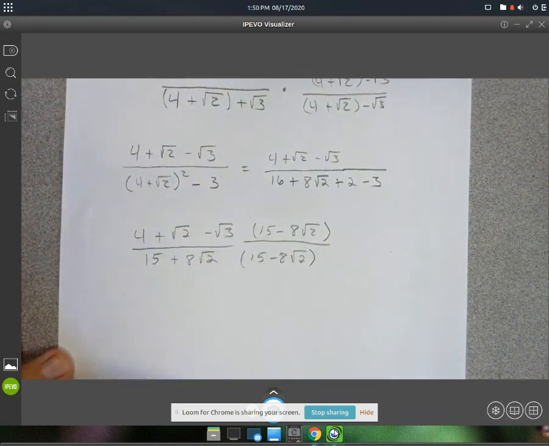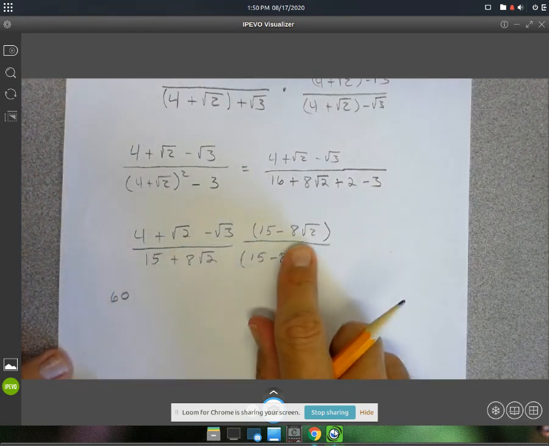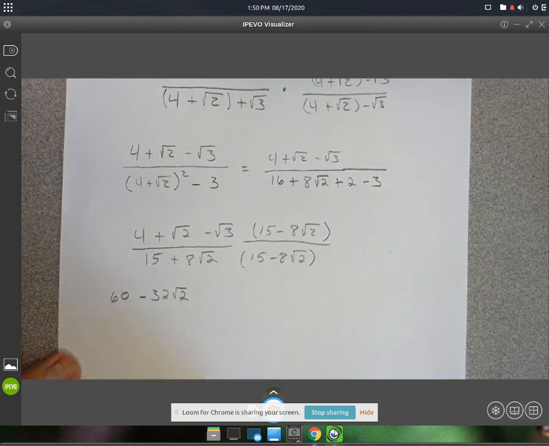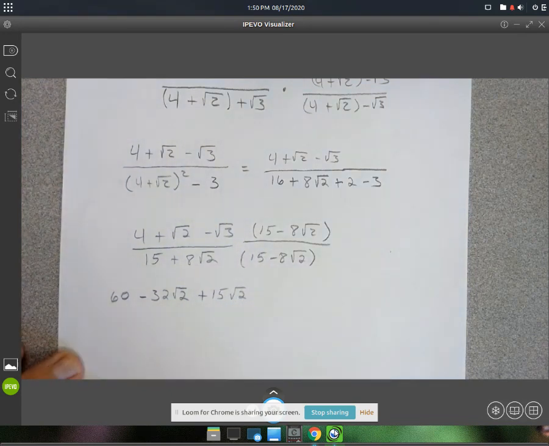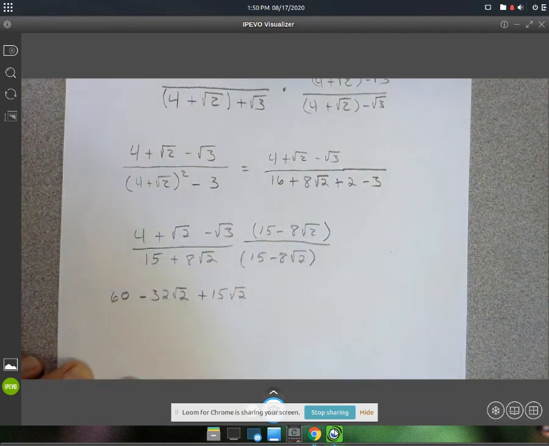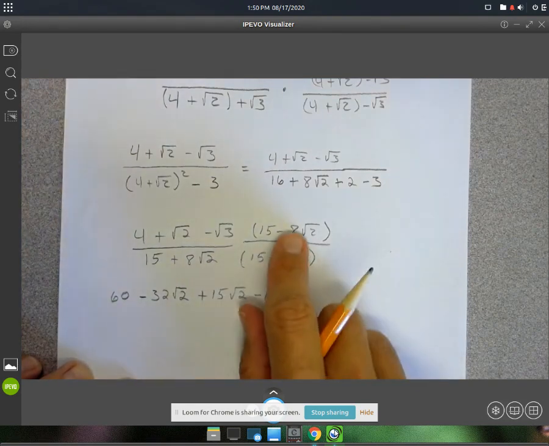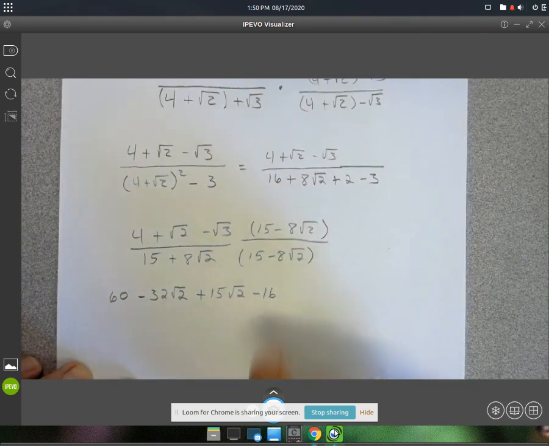So 4 times 15, that is 60. 4 times negative 8 root 2, that'll be negative 32 root 2. Root 2 times 15, that'll be positive 15 root 2. And then root 2 times 8 root 2, that'll be a negative 16, because you have root 2 times root 2, that's 2, and then 2 times 8 is 16.